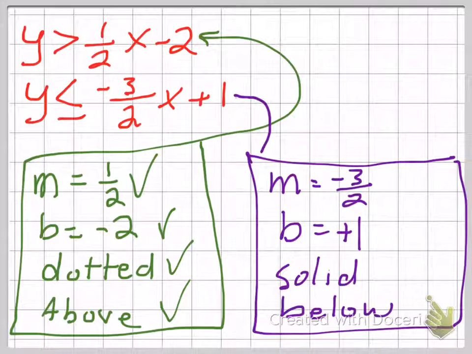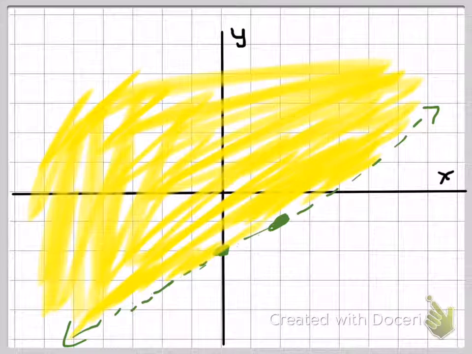Our y-intercept is +1. Right here, this is y, guys. You're graphing them on the same coordinate plane, so you're going to get some kind of interesting thing going on.